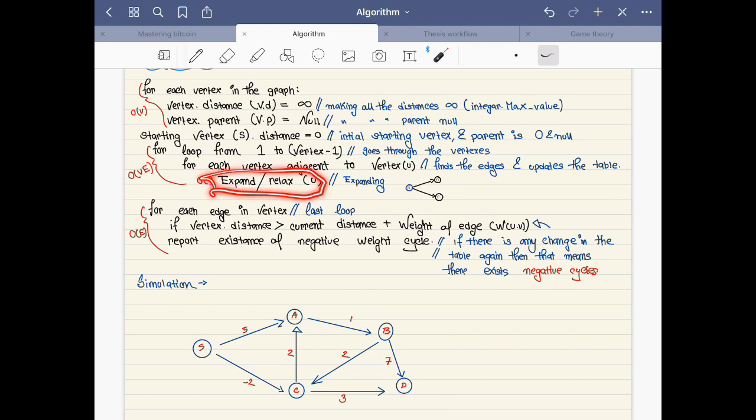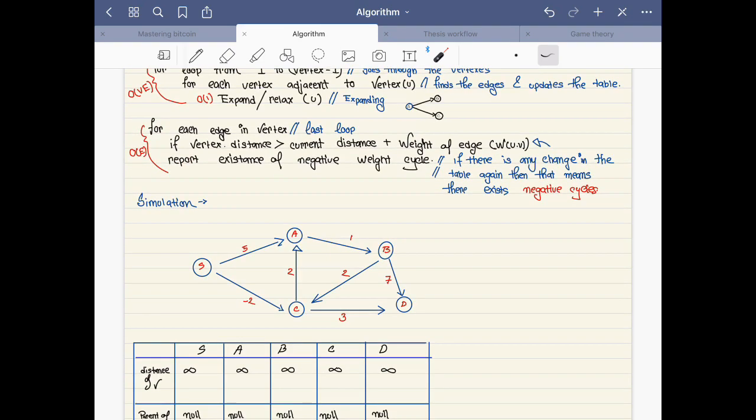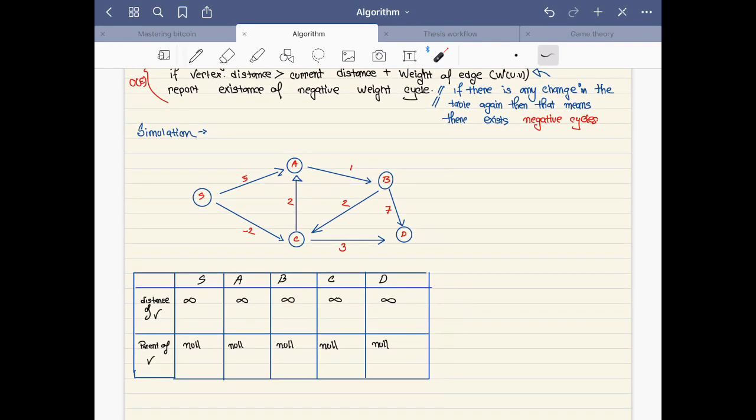What the expand/relax function does is say how many edges or vertices are adjacent to this particular vertex. The final loop runs only one time, and it only checks if there are any changes to this table even after the first four loops are already done.